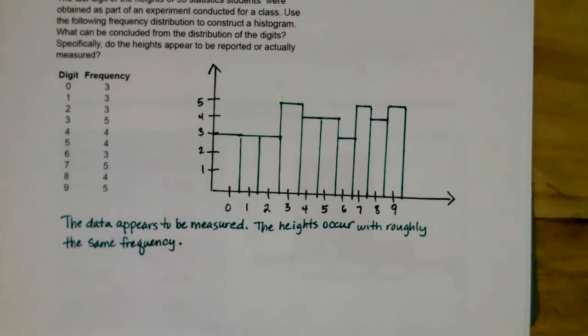By the way, in the homework, you'll be given a choice of answers to help you answer some of the questions that might want you to think about what that histogram looks like.